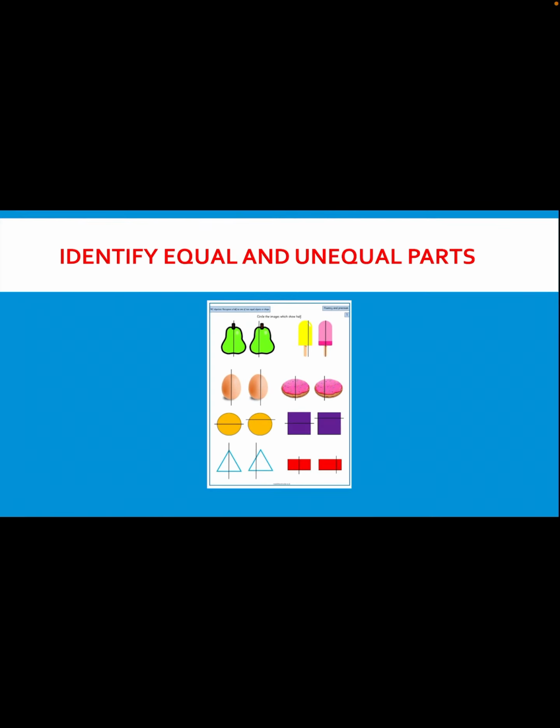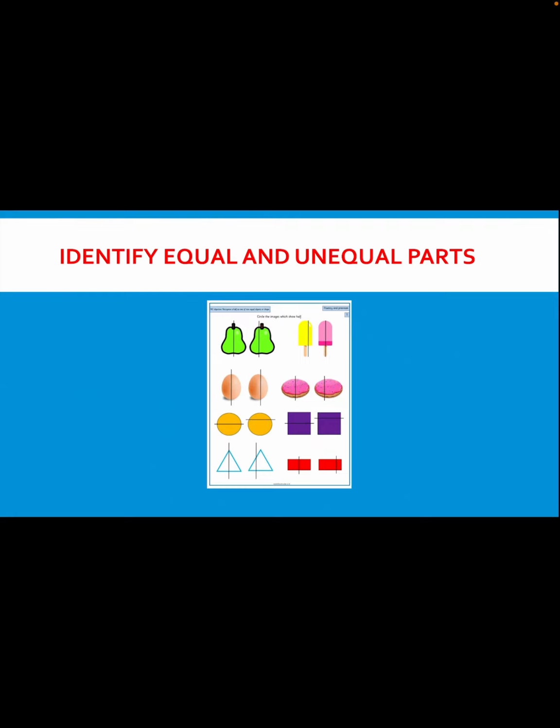Before I go to the fraction part, children, you have to identify which figure is equally divided and which figure is unequally divided. It is very clearly shown that in the first picture, the papaya, there are two green papayas, and one is divided just through the middle.